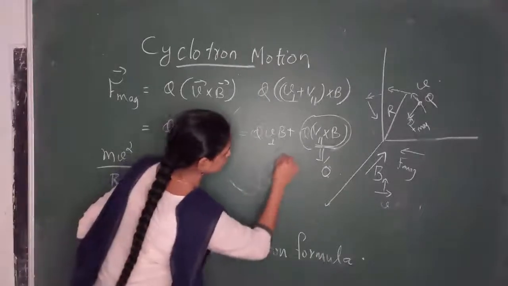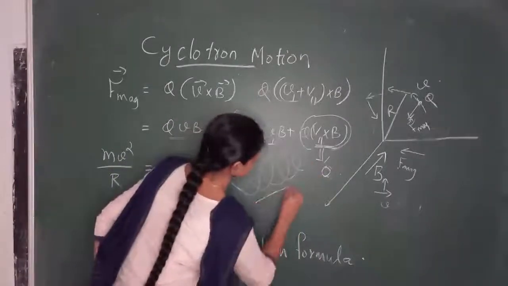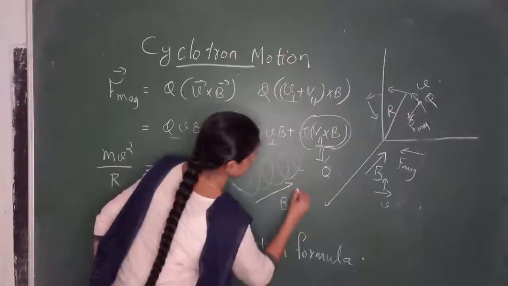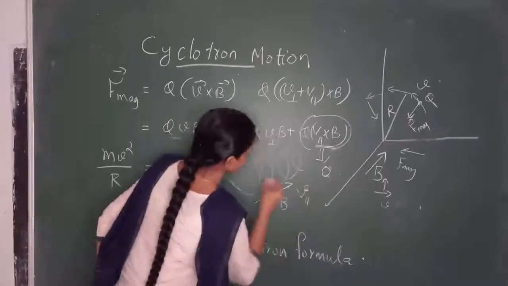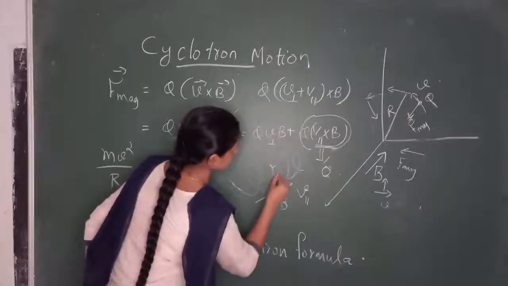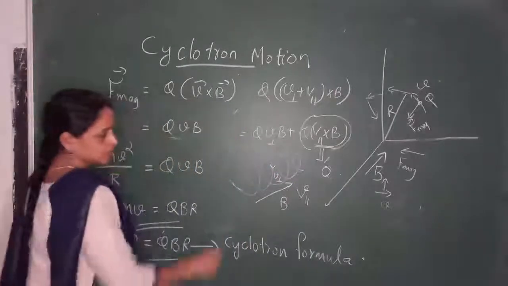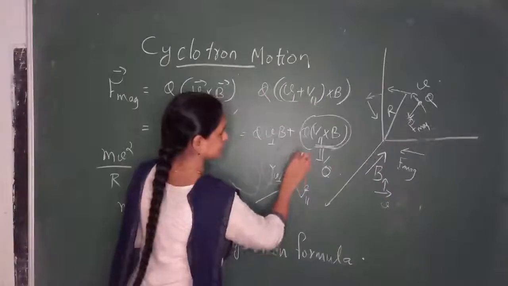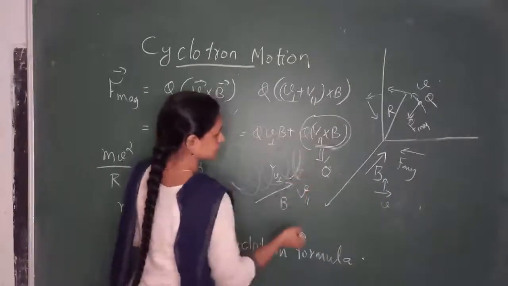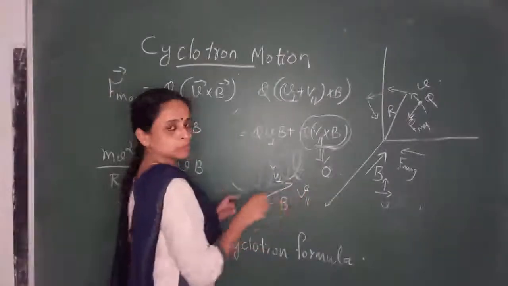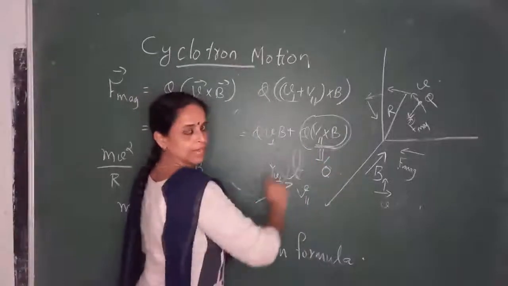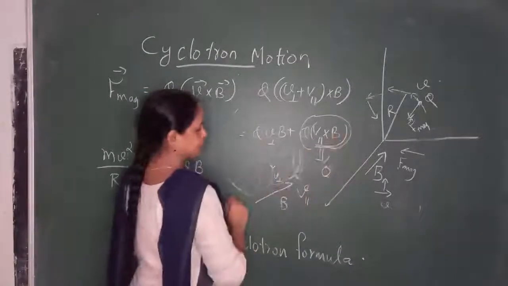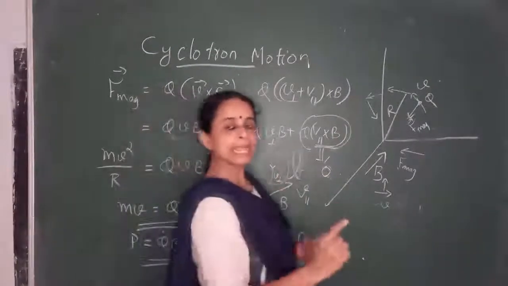So this will move away. This is the direction v, this is the v parallel, and this direction is the v perpendicular. So this will circle in the same radius, and also this will move along the direction of the B. So the motion will be a helical path.